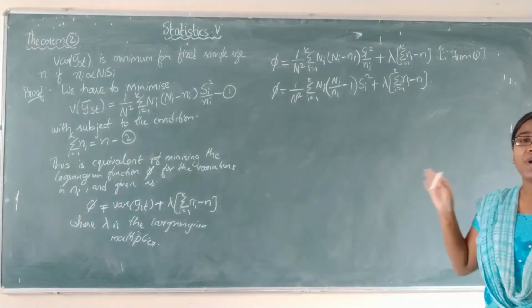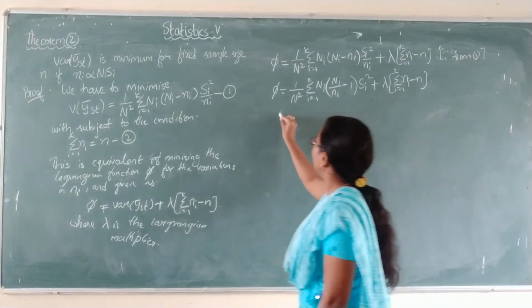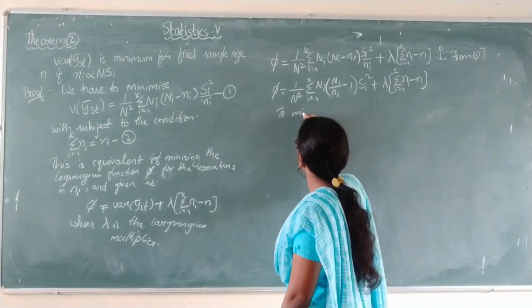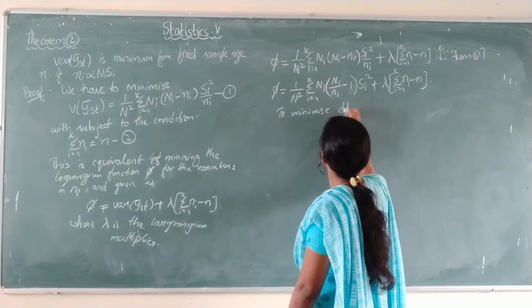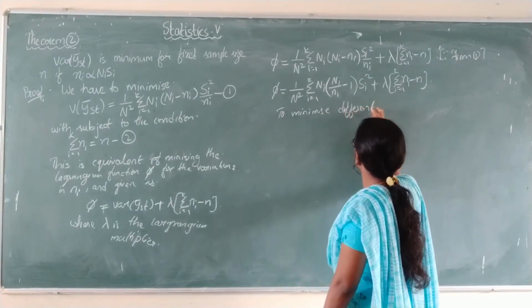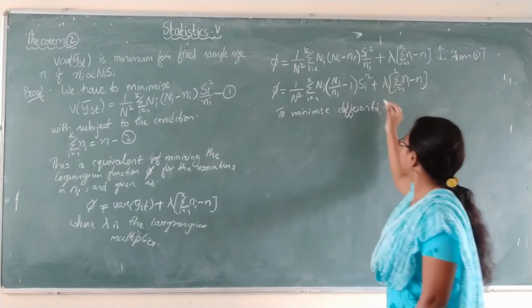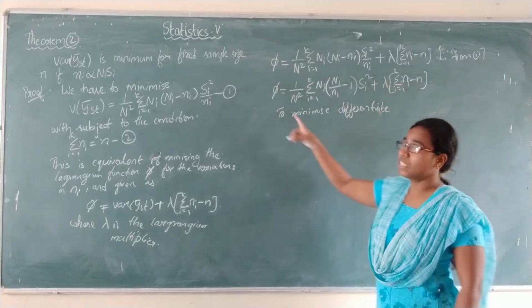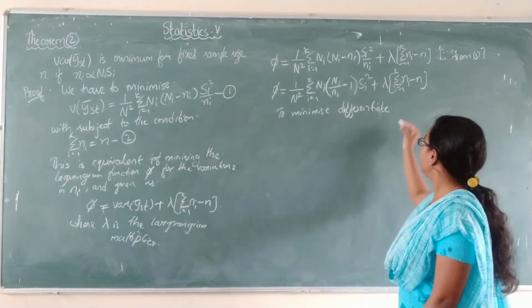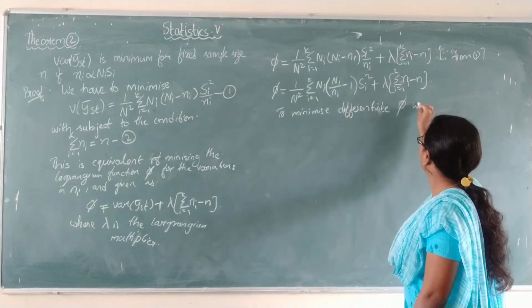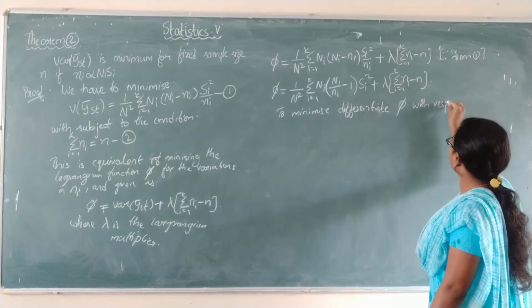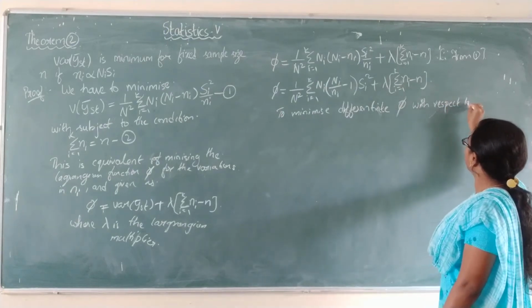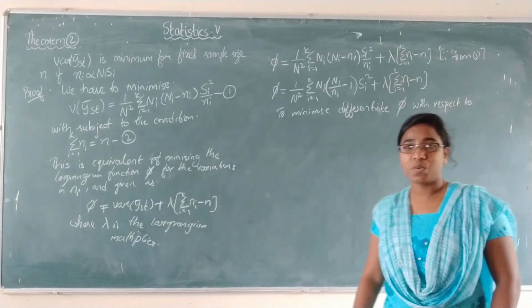To minimize the variance, what do we have to do? Differentiate. We have to differentiate this Lagrangian function, that is pi. We have to differentiate pi with respect to the value we want to find, the sample size ni.